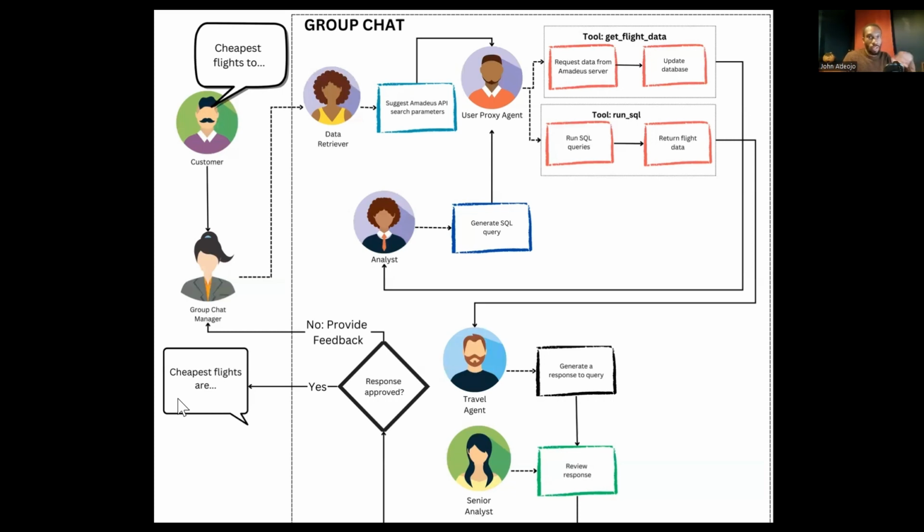All of the other agents just perform natural language processing tasks, whether that is text to SQL here, or determining the right API calls to make here, or providing a response here or reviewing a response. All of the other agents are just doing natural language processing or natural language understanding tasks. That's it. So pretty simple, pretty straightforward, hopefully.